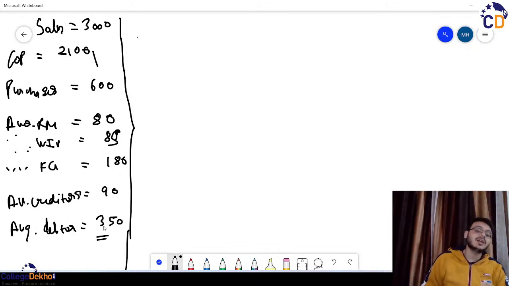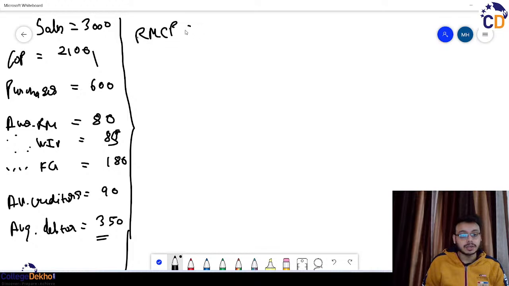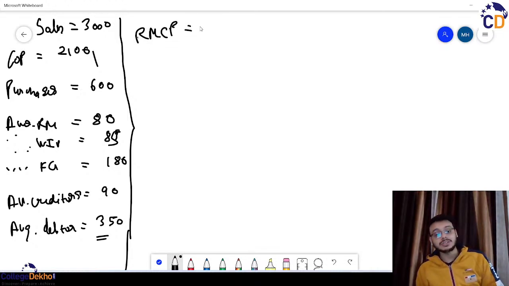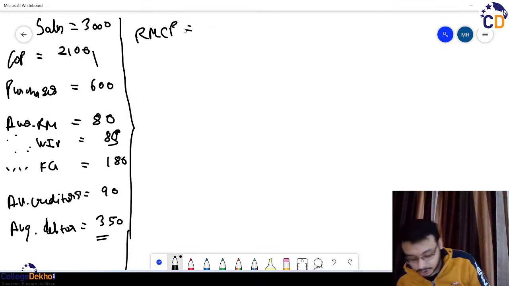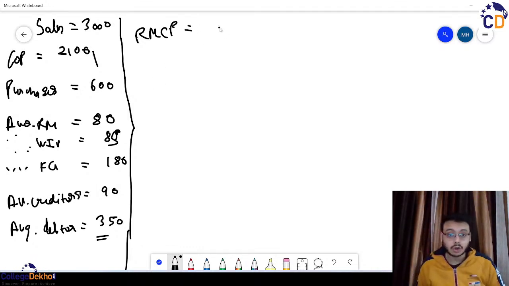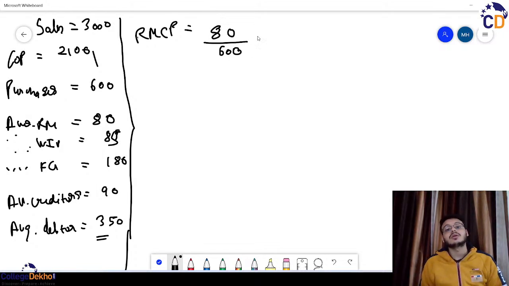Now it says calculate the net conversion cycle or the total operating cycle. So first we'll calculate the raw material conversion period. In that you would have the average raw material. So what is the average raw material in the question? Average raw material is 80 and your purchases were 600. You'll multiply by 365.